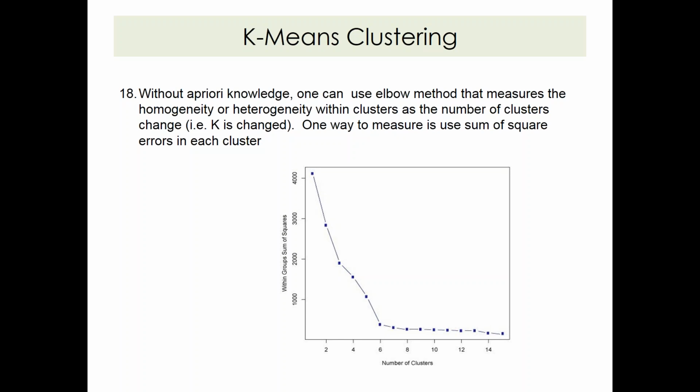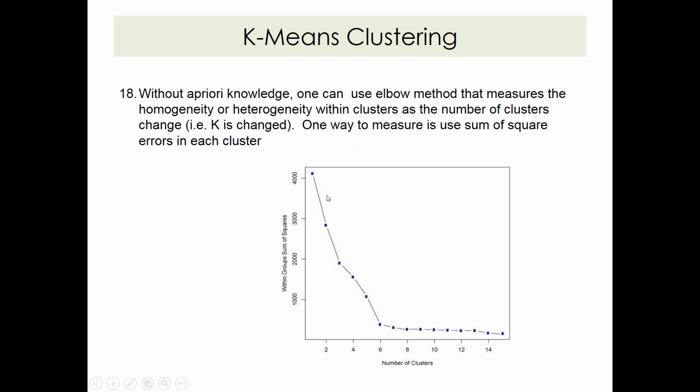As we increase the number of clusters, the value of the sum of squares decreases rapidly. We tried 2, 3, 4, 5, and it decreases rapidly, and then after 6 it still decreases, but the rate of decrease is not so rapid.